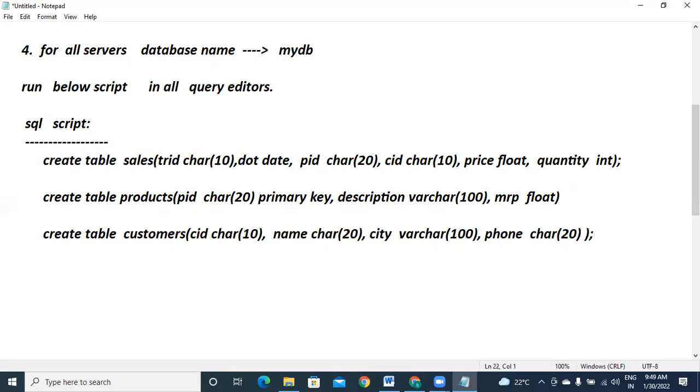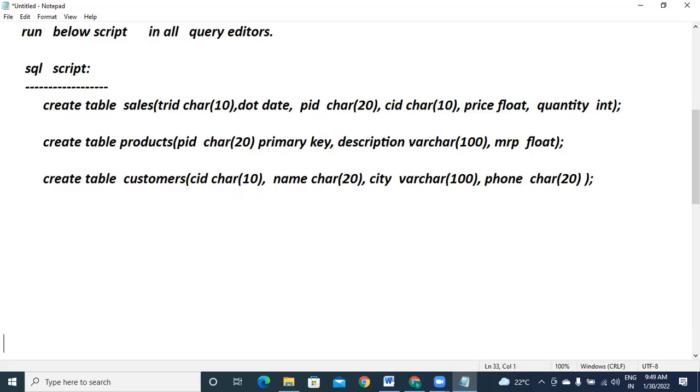So these three tables should be available in all the servers. Okay. Script is completed.